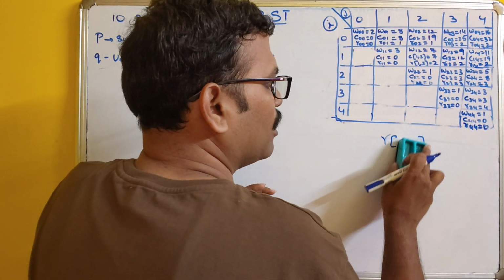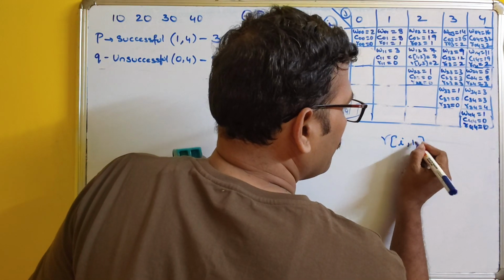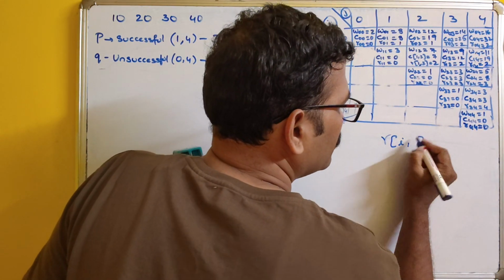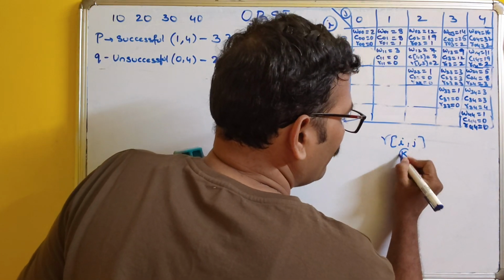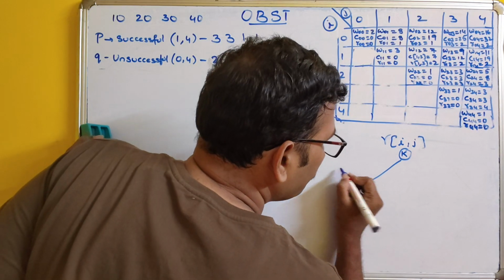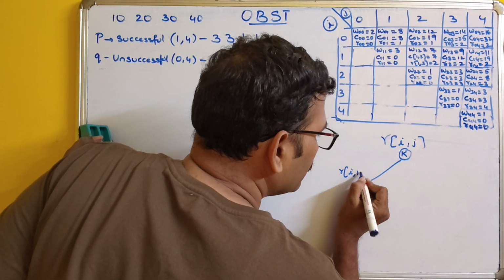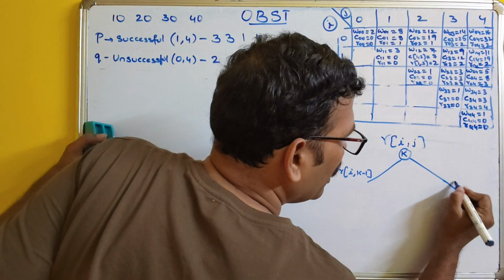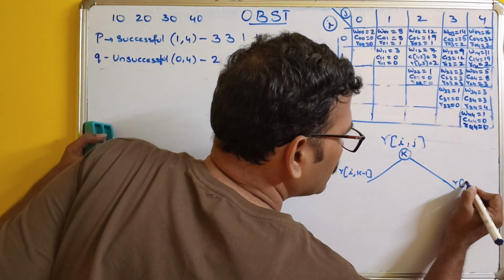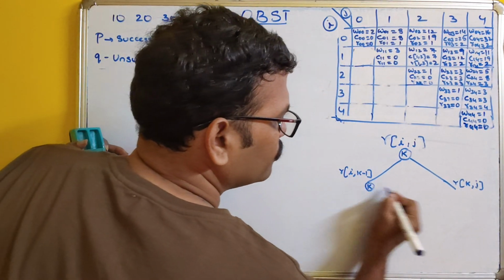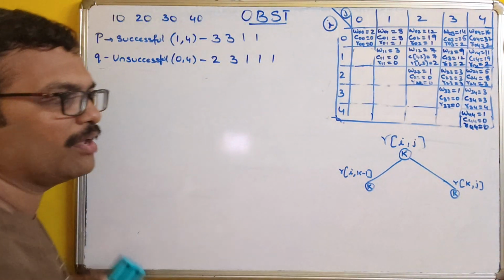So R of I, j, where the root is k. The left tree will be R of I, k minus 1, and the right side will be R of k, j. Again, whatever result we get, that will be the k values.